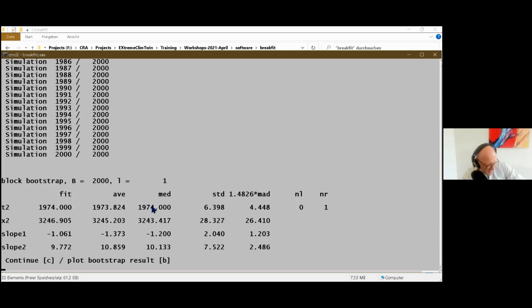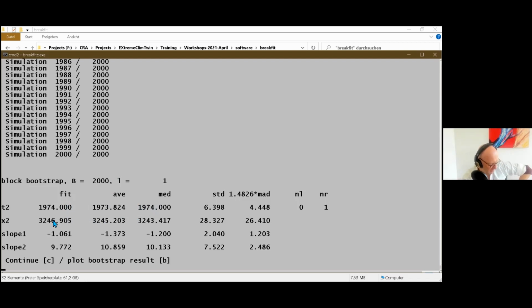This already shows you the fit is 1974, and the average or the median over the replication is also 1974. That means the bias is negligible. There's no reason to assume that there is a bias in the estimation.